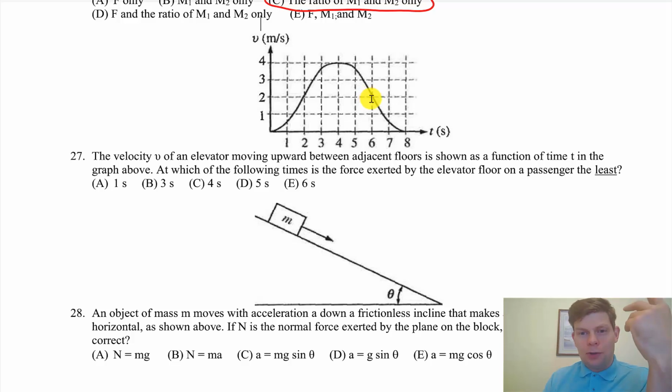You had a bunch of upward velocity and you want to lose it. So the floor doesn't push on you as hard as it needs to fight gravity. It pushes on you a little less than gravity, and that causes you to accelerate. And it goes from 4 meters per second up to 0 meters per second. So it would be probably around 6, where your slope is the greatest.